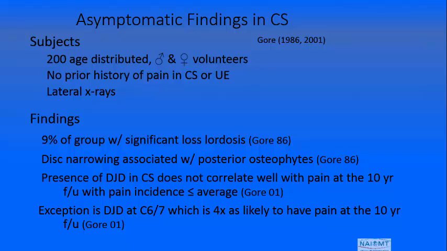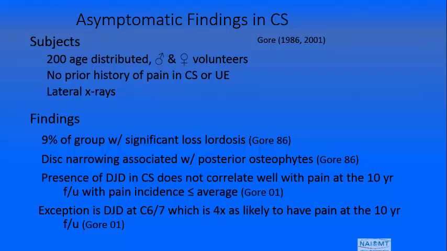This was interesting enough, but even better, Gore did a follow-up study, published in 2001, with this same group tracked over 10 years. And with only one exception, the presence of degenerative changes in the neck did not correlate with the development of pain in the neck or the upper extremity over the next 10 years.